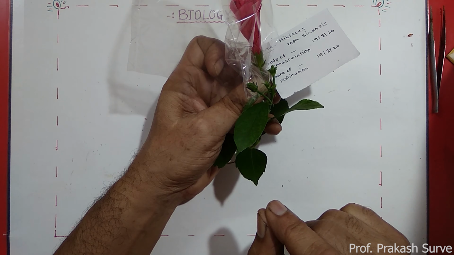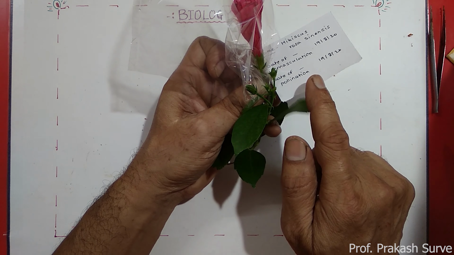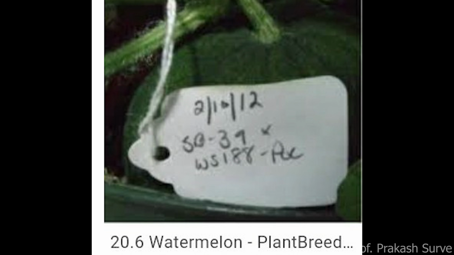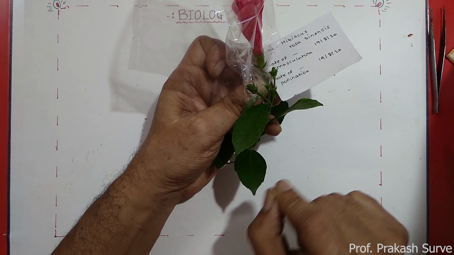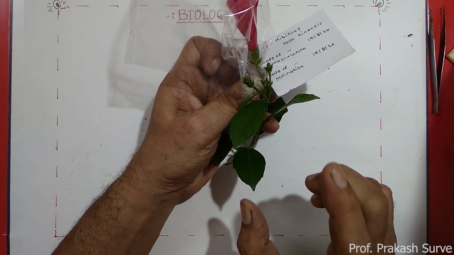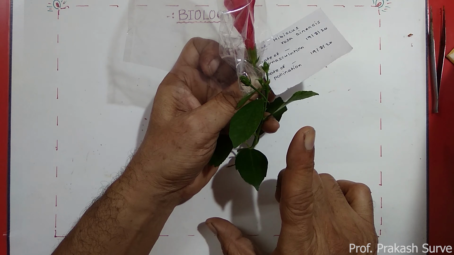You write it is a technique of hybridization, emasculation, bagging and tagging. Okay, for that you get half mark. Then what is emasculation, what is bagging and what is tagging? In short you have to write, then you get the whole 1 mark for this. So this is there for question number 4, spot A, which is for 1 mark.